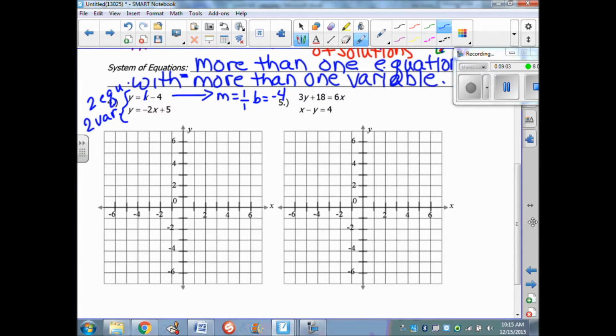My y-intercept, where I begin, is on the y-axis at -4. And then I do my rise over my run. So I go up 1 and right 1 from my beginning point. Up 1, right 1. Keep doing that same pattern till I get a nice line.